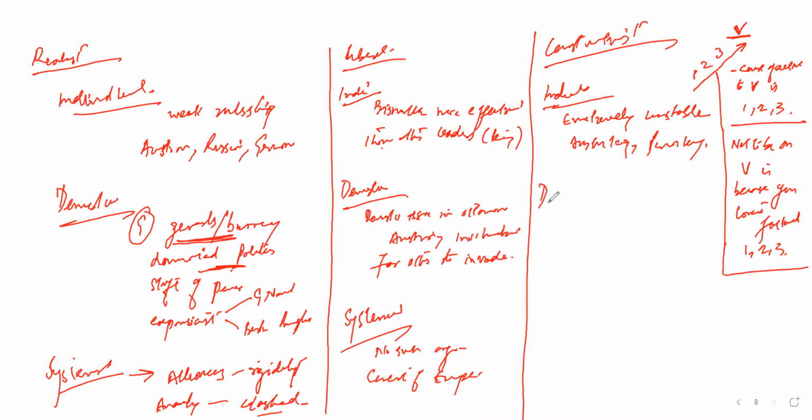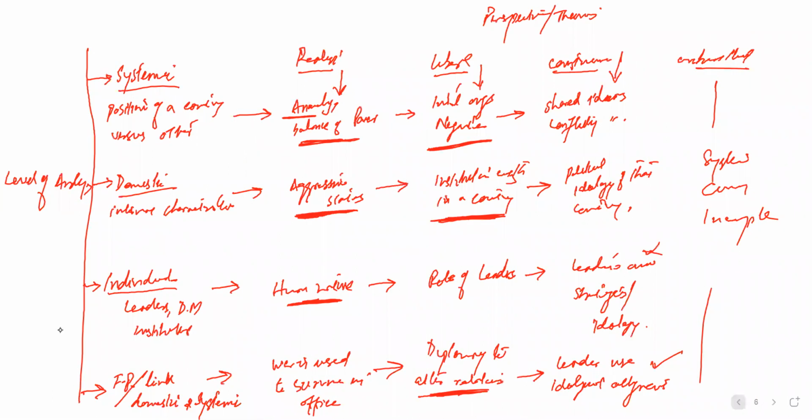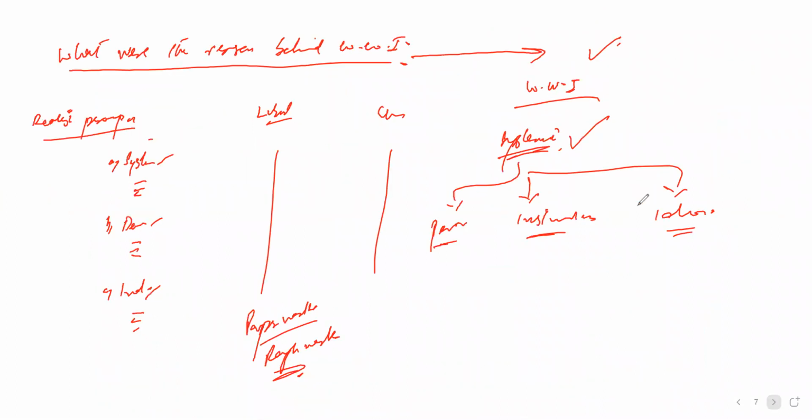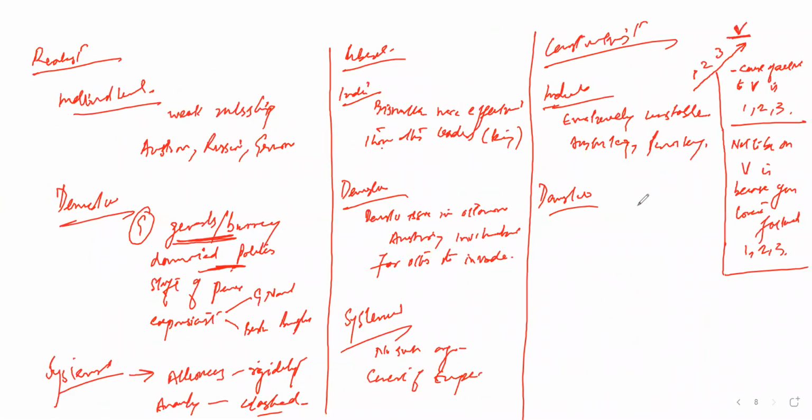Now, the second one, at the domestic level, again, we'll go to the chart. At the domestic level, you would see the political ideology of that particular country.